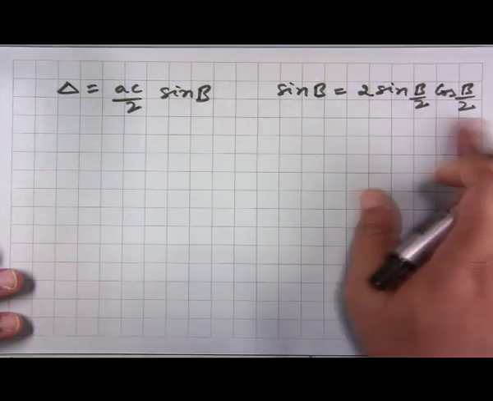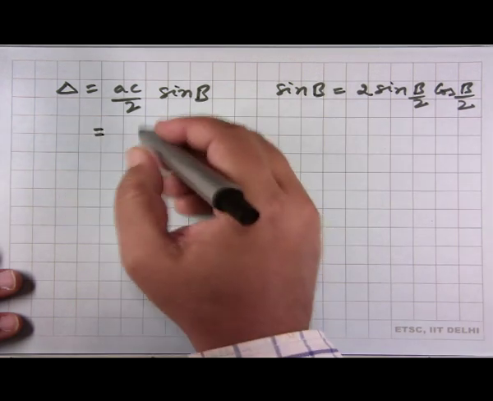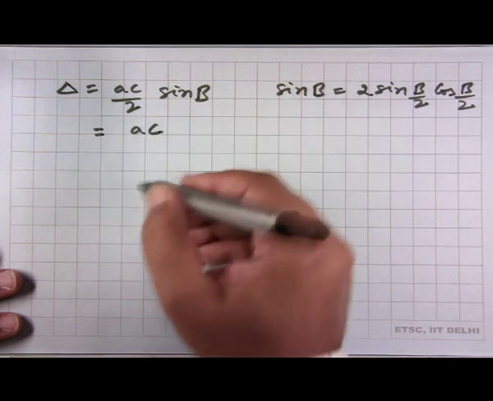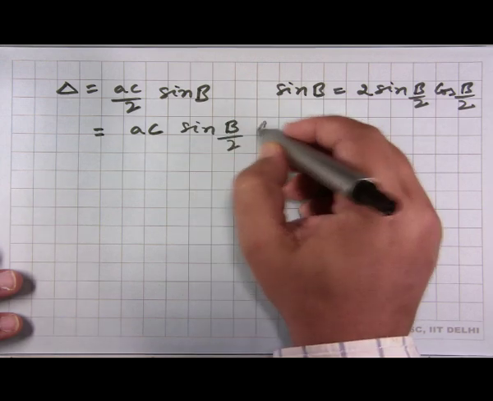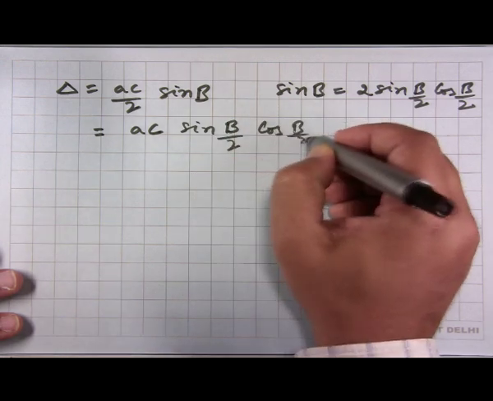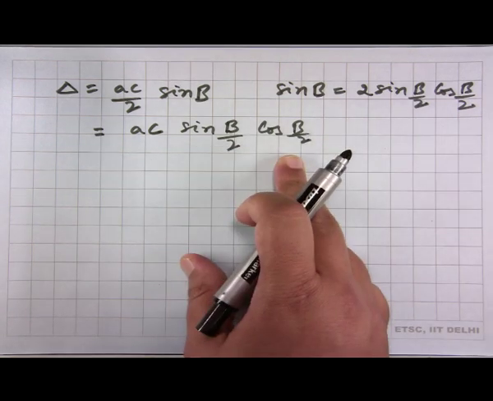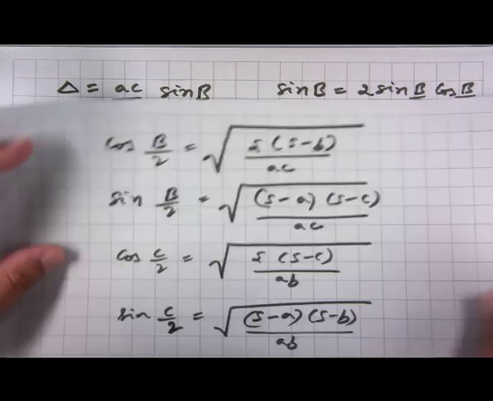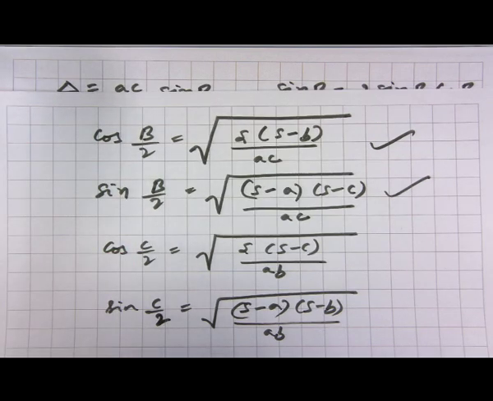So, we are going to use this trigonometric identity here, and then this area becomes equal to AC times sine B over 2 into cos B over 2, and for these two we will use the cosine and sine of the half angle B that we had just derived in the previous slide.